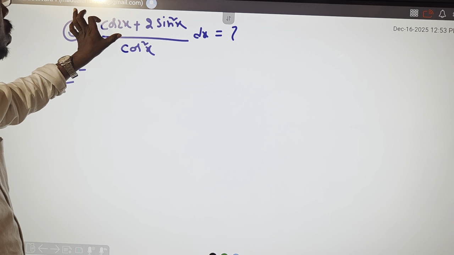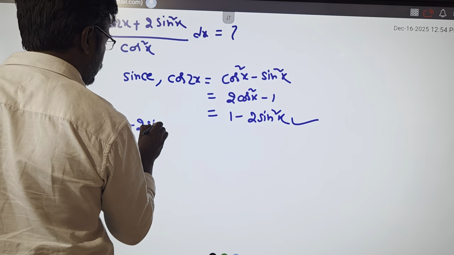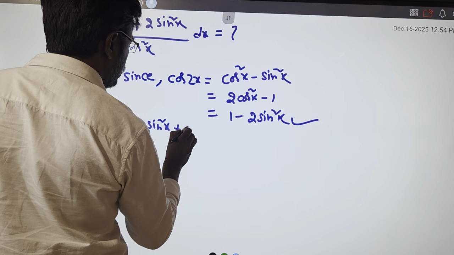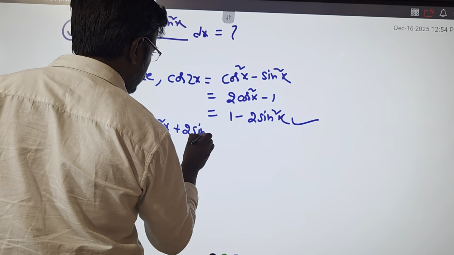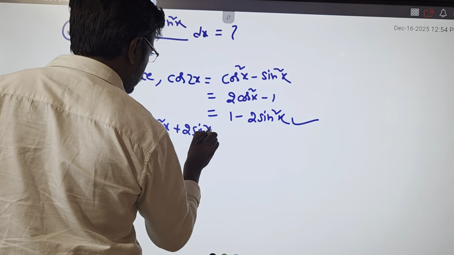Therefore, integral of cos 2x equals 1 minus 2 sin square x, plus 2 sin square x by cos square x dx. Minus 2 sin square x and plus 2 sin square x get cancelled.